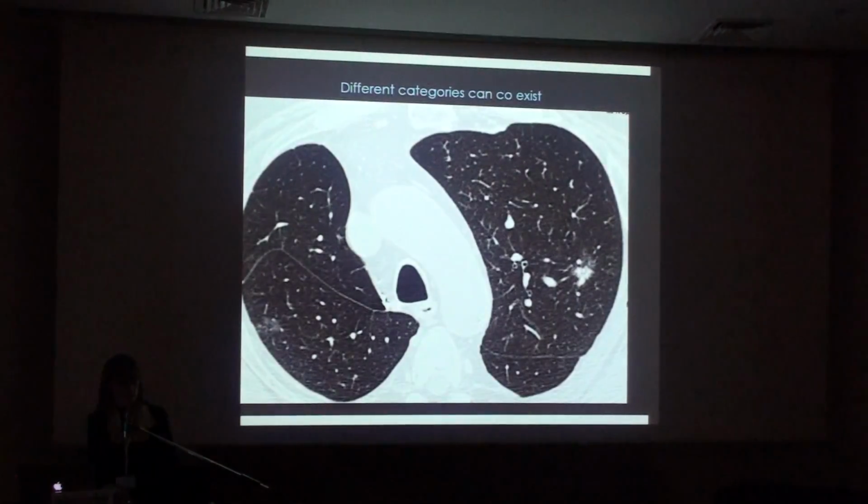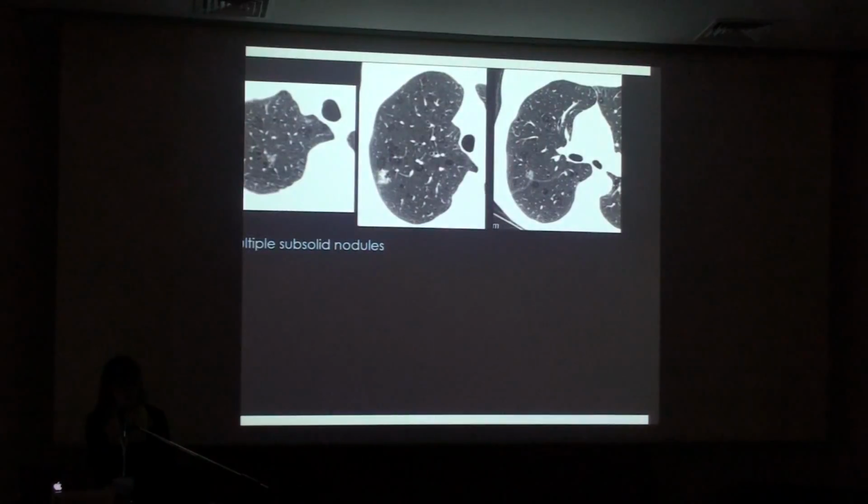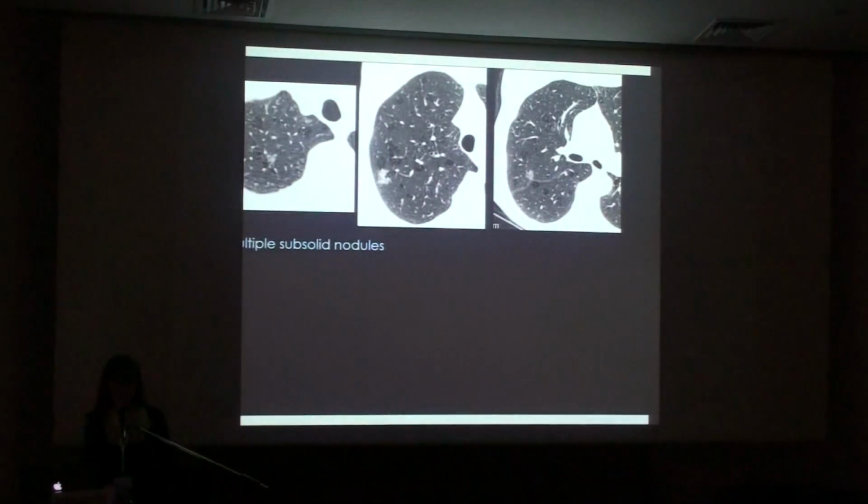These two categories can coexist in the same patient. This patient has a part solid nodule here in his left upper lung, and also here a pure ground glass nodule, and you will notice that the patient has a previous right upper lobectomy. And sometimes these lesions are multiple.